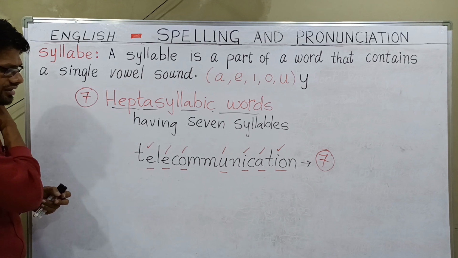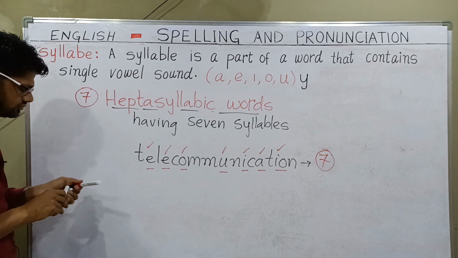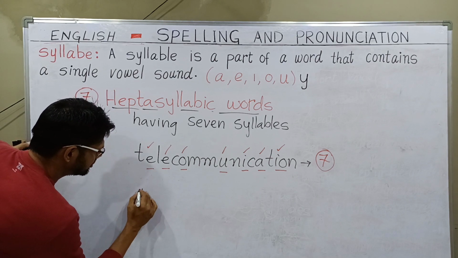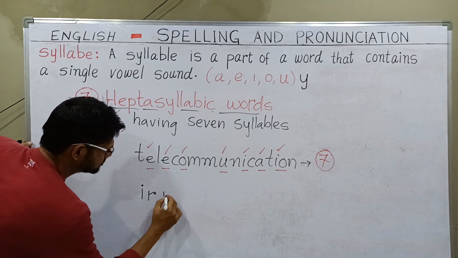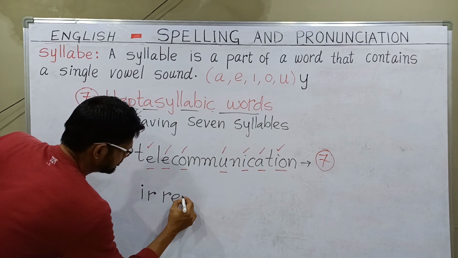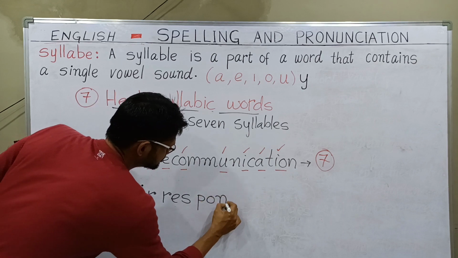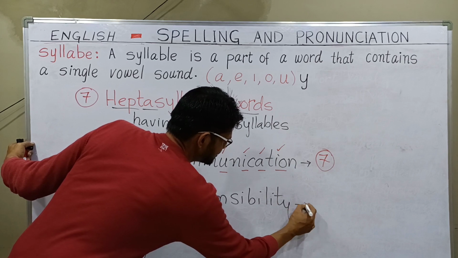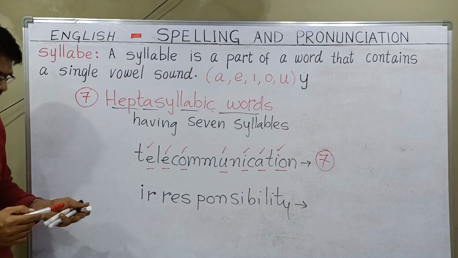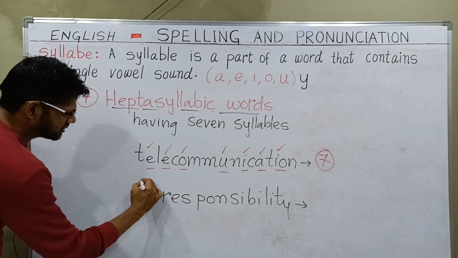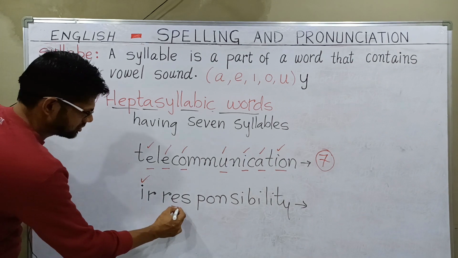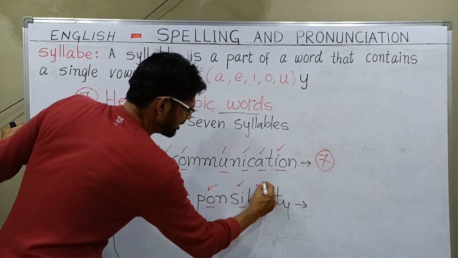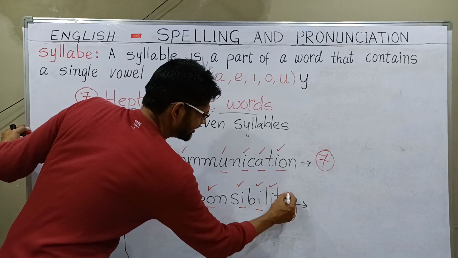Similarly, if I write the word, for example, irresponsibility, irresponsibility has 7 syllables, 7 beats, 7 sounds. 1, 2, 3, 4, 5, 6, and the last one Y, 7.